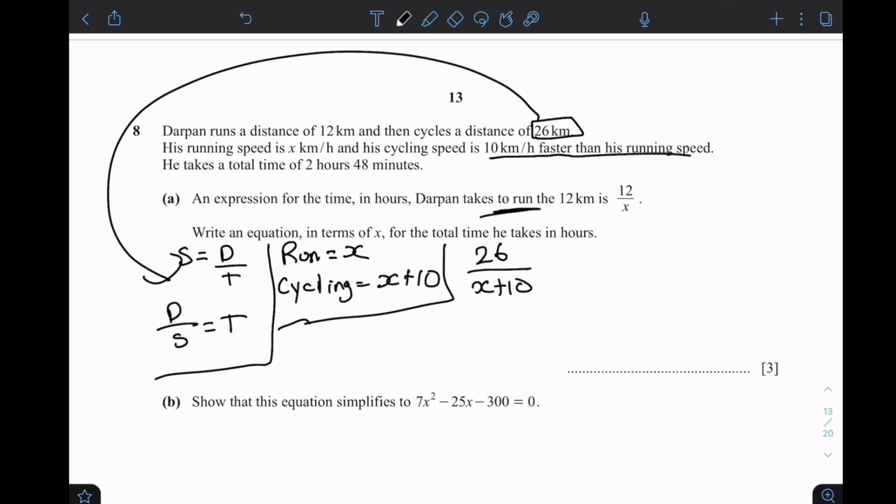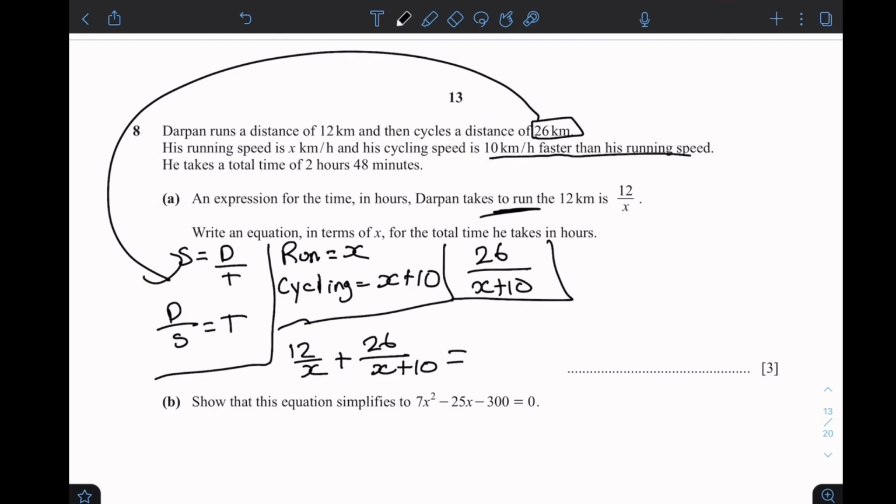Okay, so we know the time when he runs is 12 divided by x, and you add that to 26 divided by x plus 10, right? And this should equal 2 hours and 48 minutes, but we need to convert this to numbers.